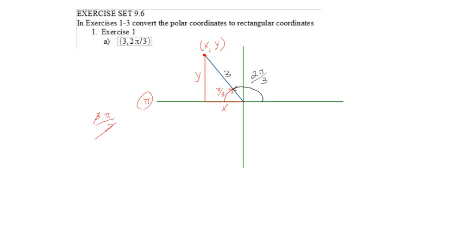When you have the hypotenuse and the angle, you can use sine and cosine to get your adjacent and your opposite side. So let's work with the adjacent first. The adjacent means the leg of the triangle that is touching the angle. So this is my adjacent because it's touching. This one is not touching this angle right here.